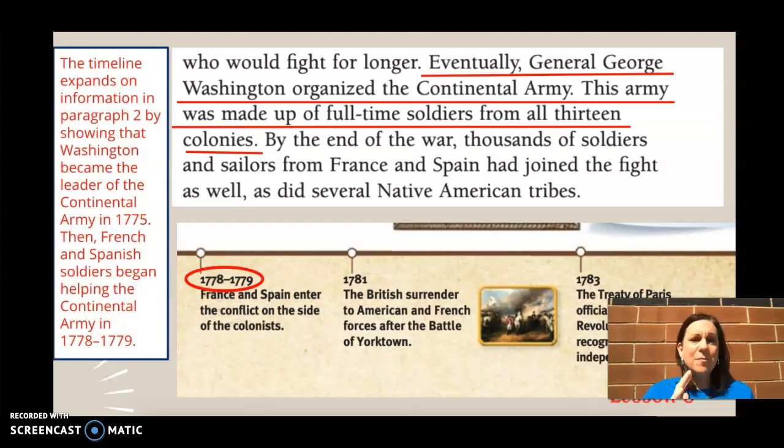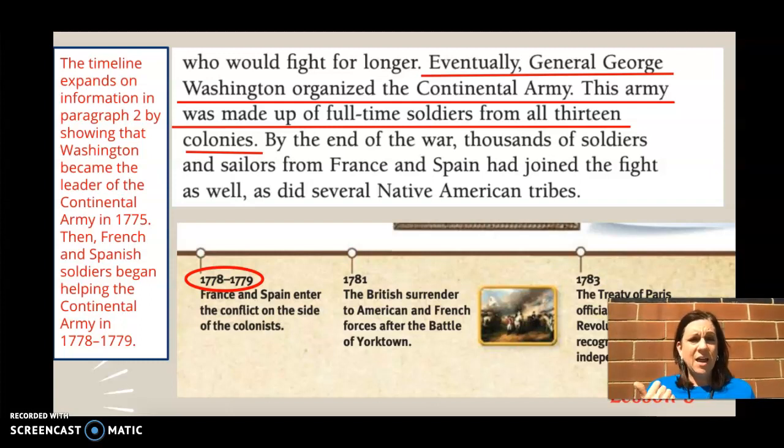So the timeline expands on information from paragraph 2 by showing that, number 1, Washington became the leader of the Continental Army, and then the French and Spanish soldiers began to help the Continental Army in 1778 and 1779. How did you do?